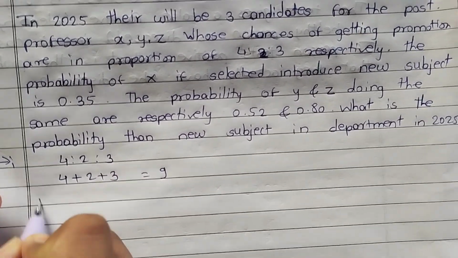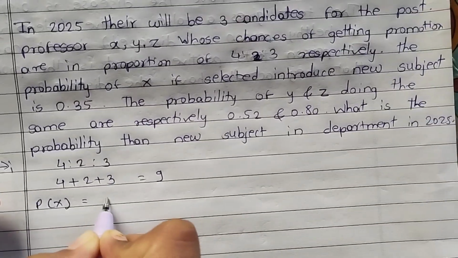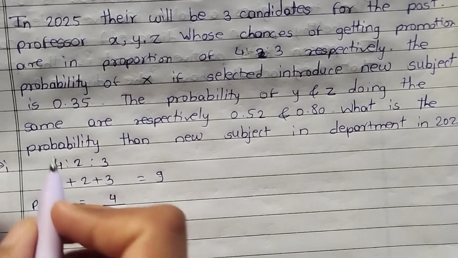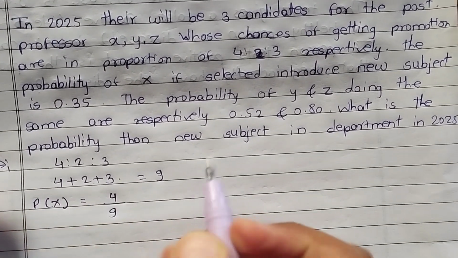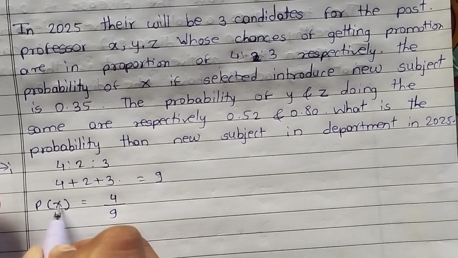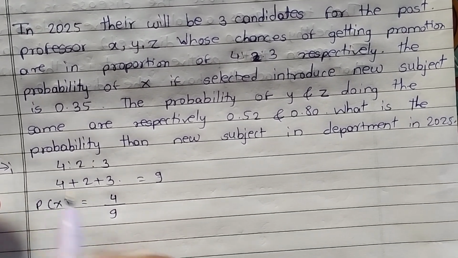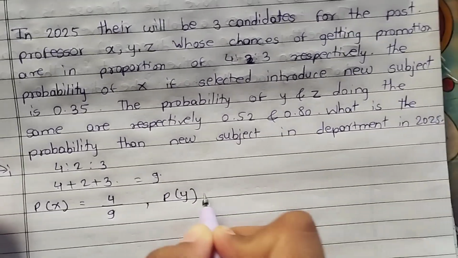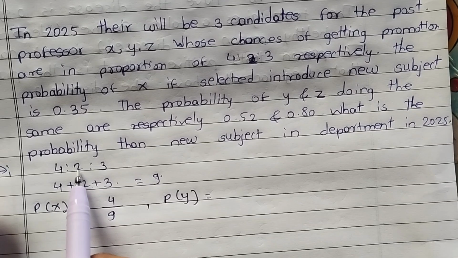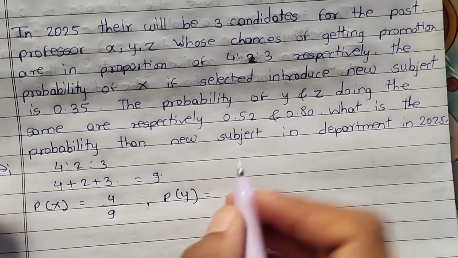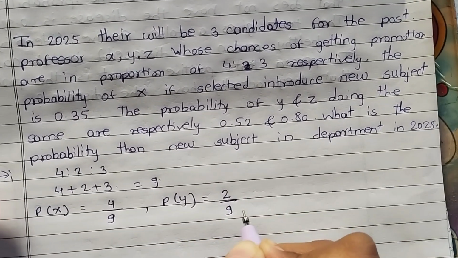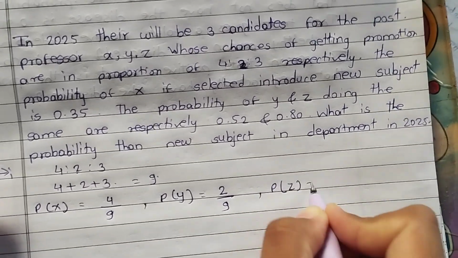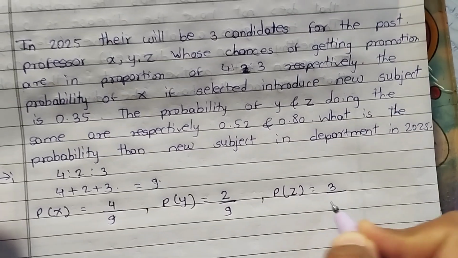The probability of X being selected is 4 out of 9, so 4/9. The probability of Y being selected is 2 in the ratio, so 2/9. The probability of Z being selected is 3/9.